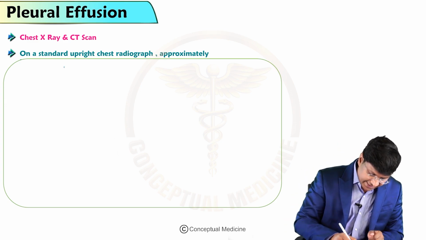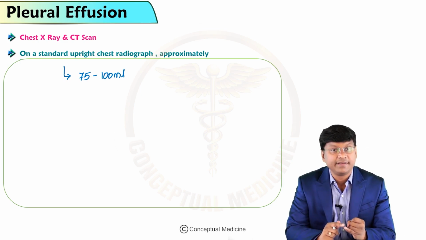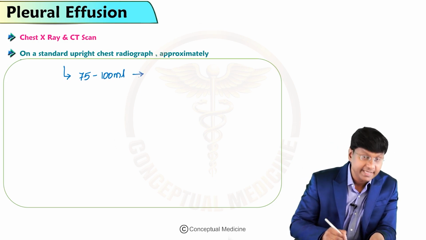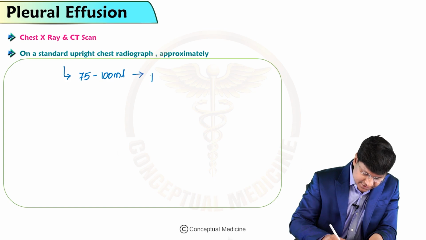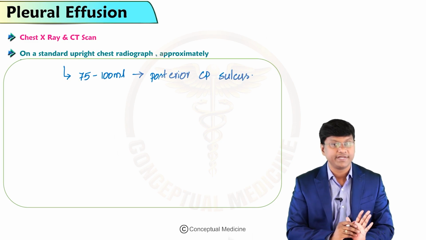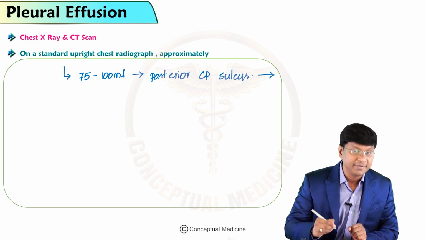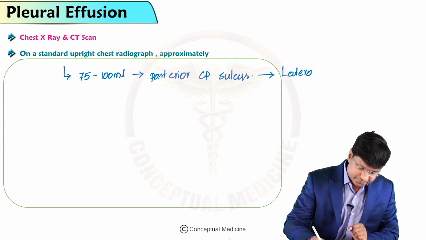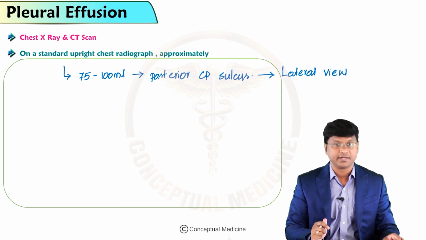The answer is around 75 to 100 ml of pleural fluid must accumulate in the posterior costophrenic sulcus, and that will be visible on the lateral view.